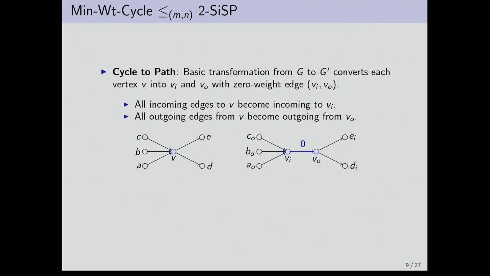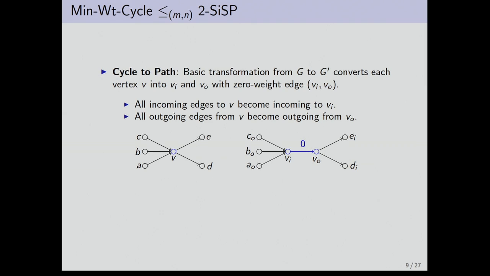Okay, so for min-weight cycle reduces to 2SISP, we use this generic transformation to convert from G to G prime, where for every vertex V, we split it into VI and VO as we did for the SISC reduction, but we actually put an edge from VI to VO of weight 0. And then all incoming edges become incoming to VI, and all outgoing edges from V become outgoing from VO.